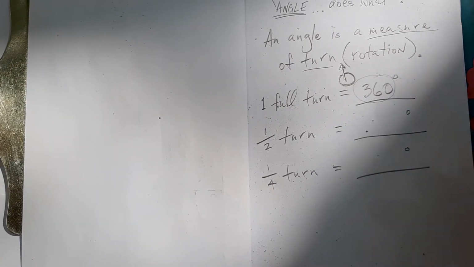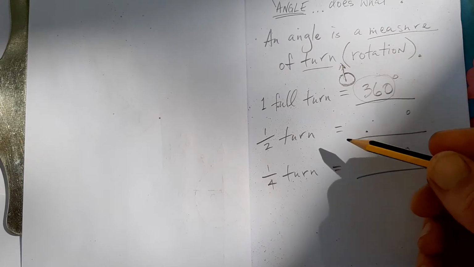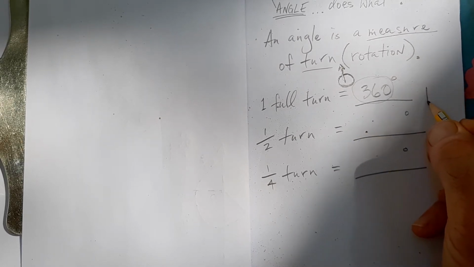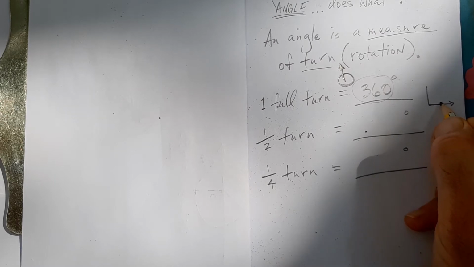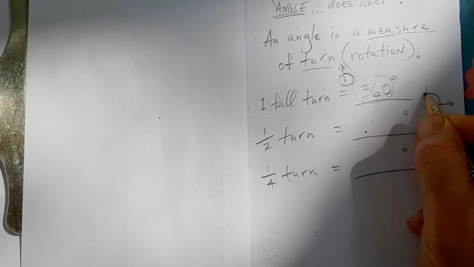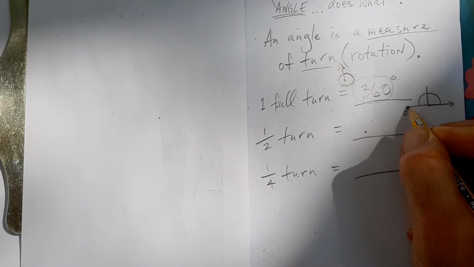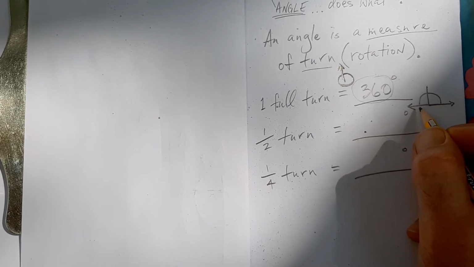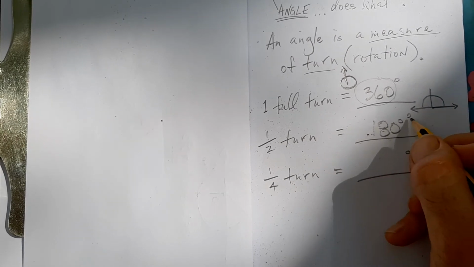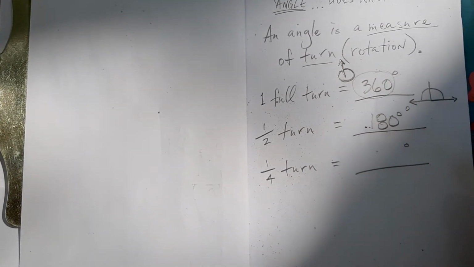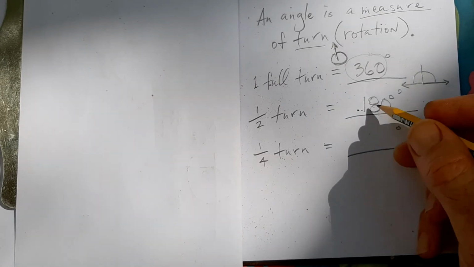Like half. You can divide it by half, of course. So if I turn halfway around, we're always going to be turning from the positive x-axis, and I'm facing down the negative x-axis now, I turned half a turn, 180 degrees. Okay, and what if I turned half of a half?